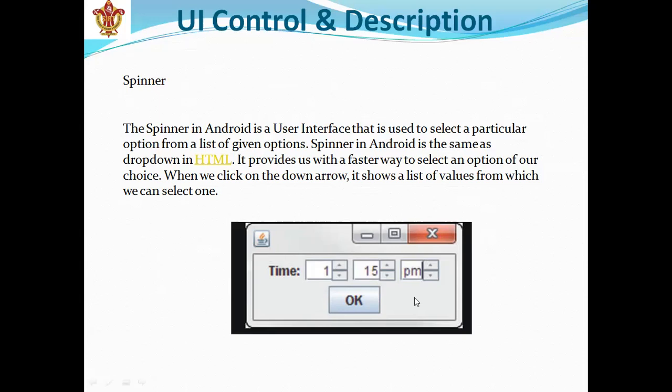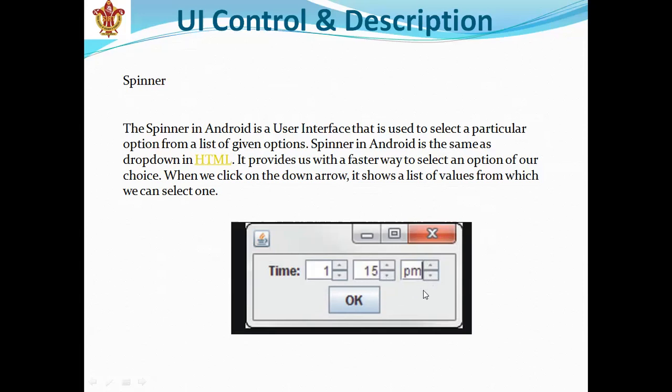So here is a simple example of a spinner in the form of time. We can see the time is 1:15 p.m. If I want to select 1:20, I will go to the minutes, 15, and use the arrows to set it to 20.